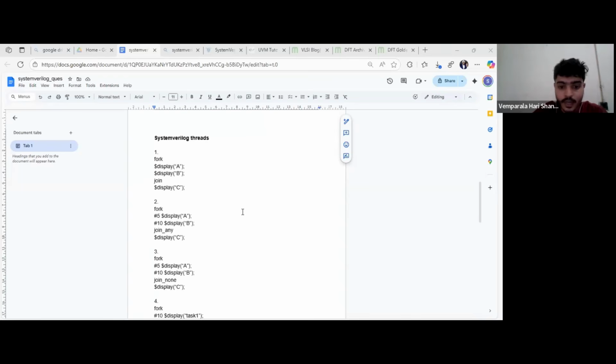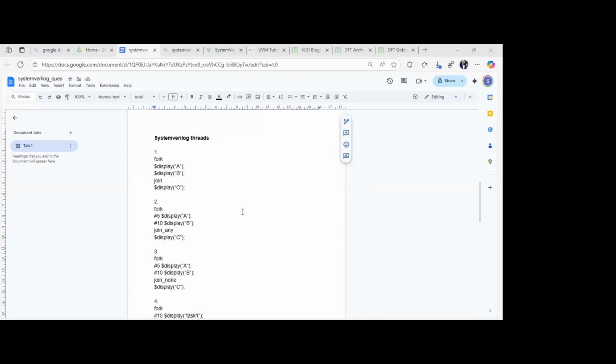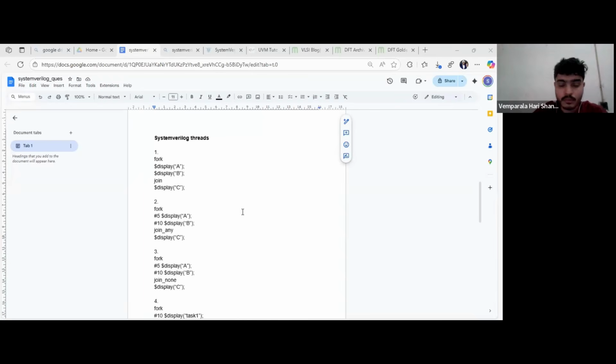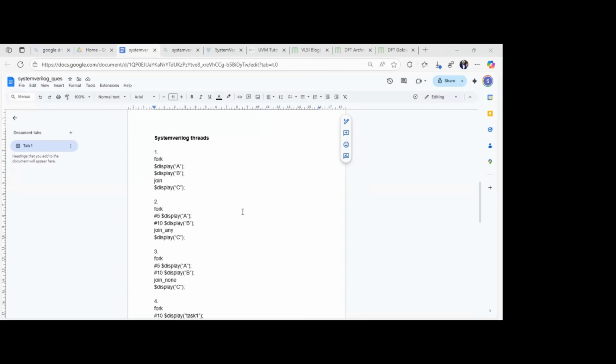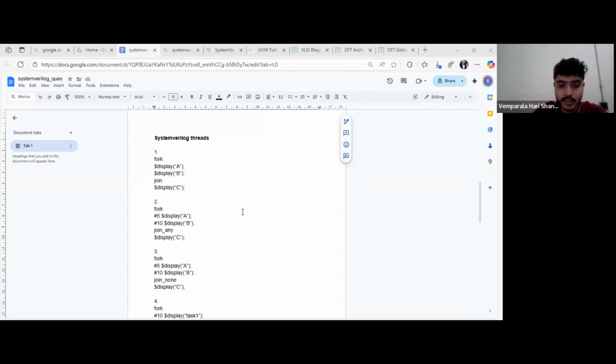The second one: starting from zero simulation time, after 5 time units, A will be displayed. And again from zero simulation time, after 10 units, B will be displayed. And accordingly, C will be displayed.